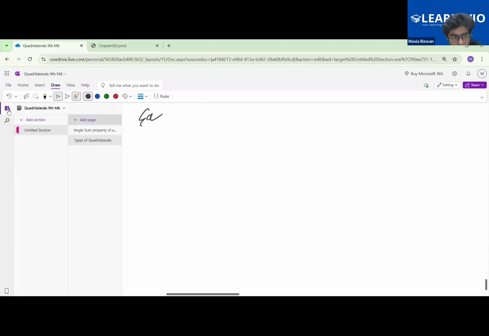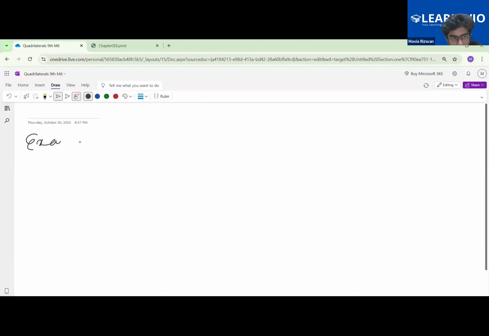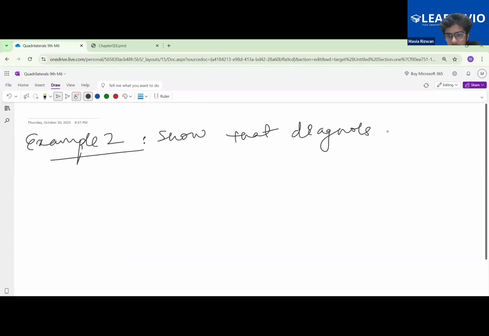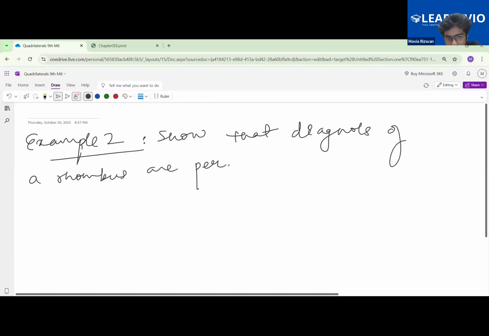Example two. Show that diagonals of a rhombus are perpendicular to each other. Okay.